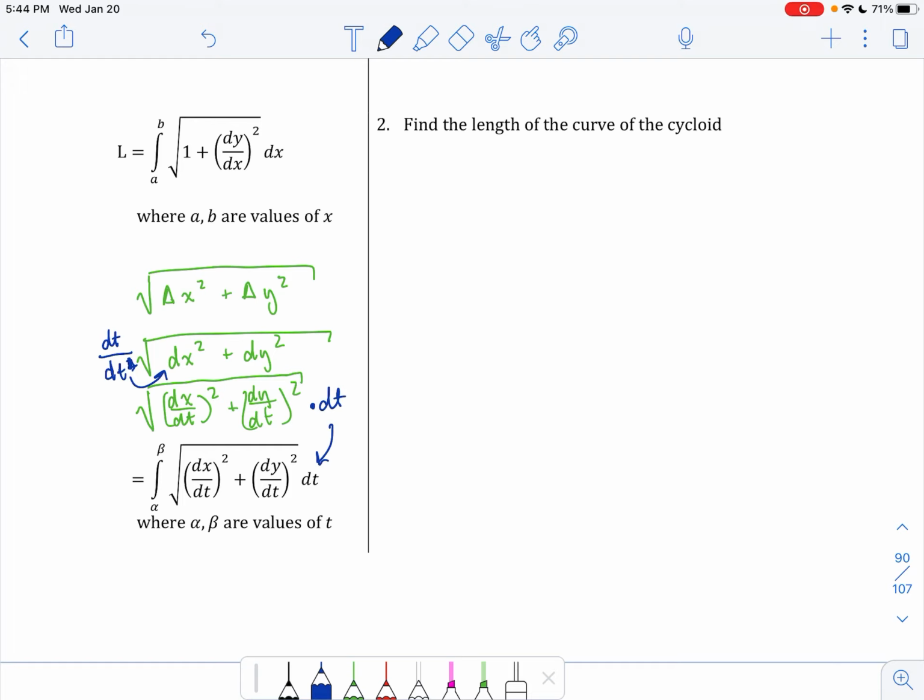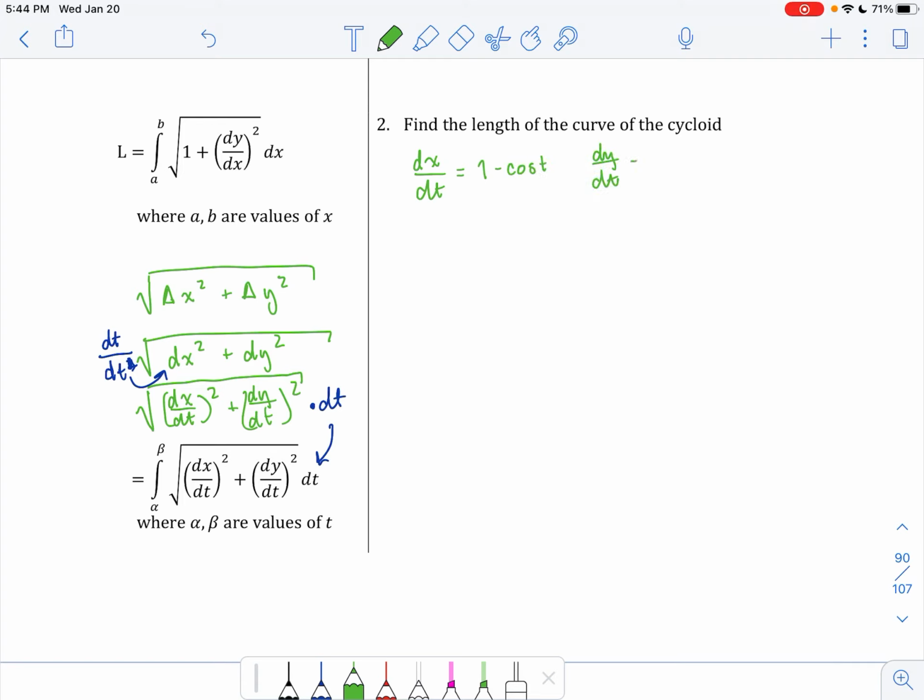So again, these are just coming from algebraic expressions that you're familiar with, and it is just using the distance formula. So in this case, we'll use the same functions as above. So dx/dt, or x prime, as we previously said, is 1 minus cosine of t.